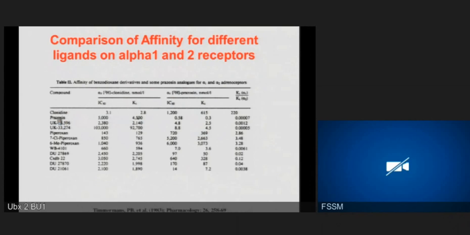If you look at prazosin, so this time cold prazosin, cold means no radioactivity, a bad affinity for alpha-2 receptors and a strong affinity for alpha-1 receptors. So prazosin is able to displace prazosin.